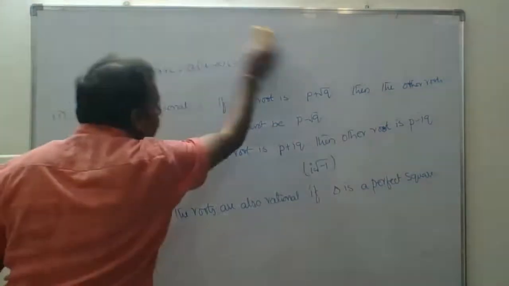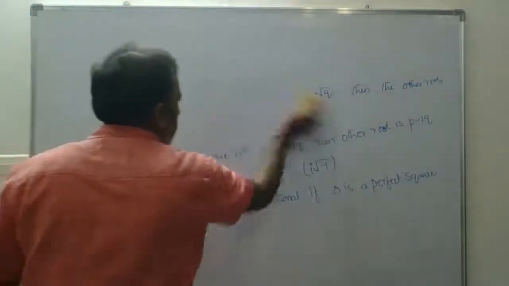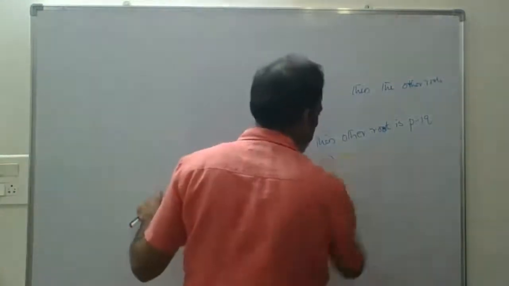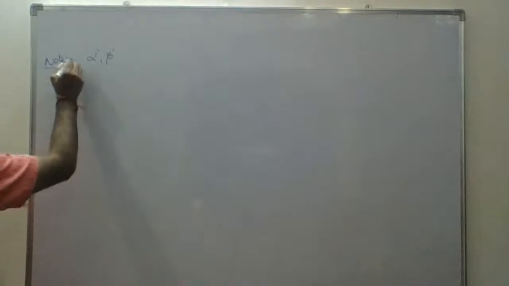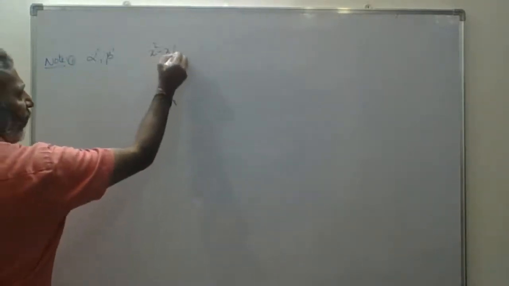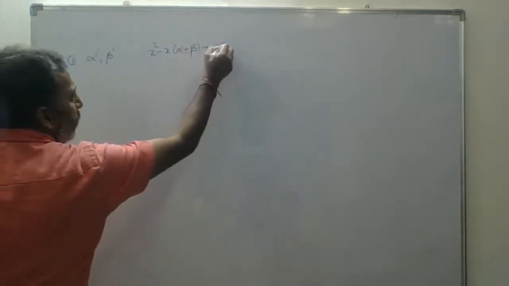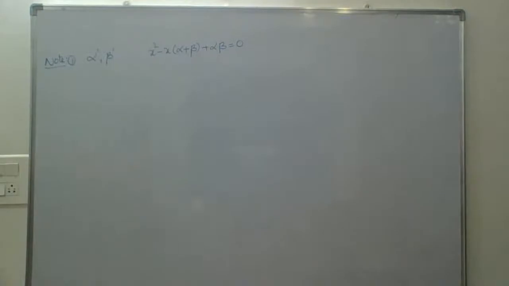Note: the quadratic equation whose roots are alpha and beta is x square minus x into alpha plus beta, plus alpha beta, is equal to 0.